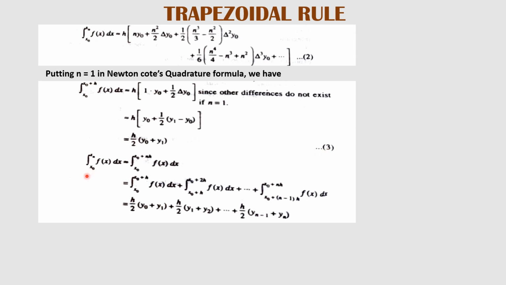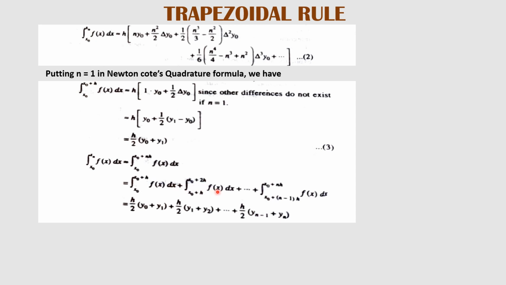Now, integral x naught to xn, that is equal to integral x naught to x naught plus nh f of x dx. You can split this integral by applying the limits. That is, the first integral is x naught to x naught plus h, and you have to start the second integral from x naught plus h to x naught plus 2h.